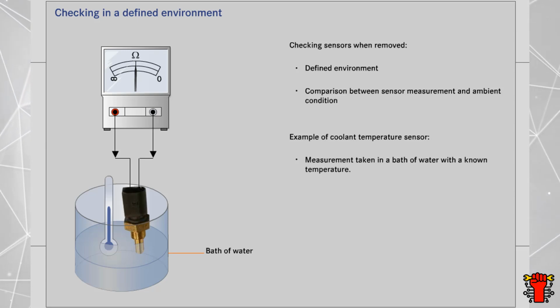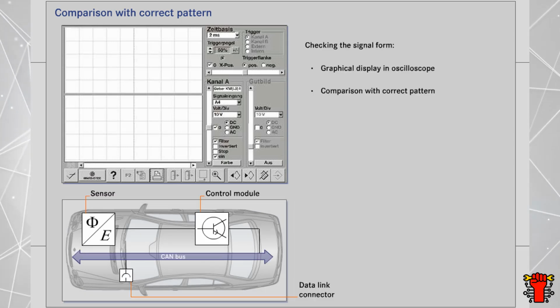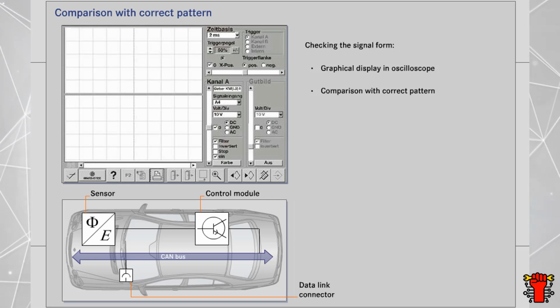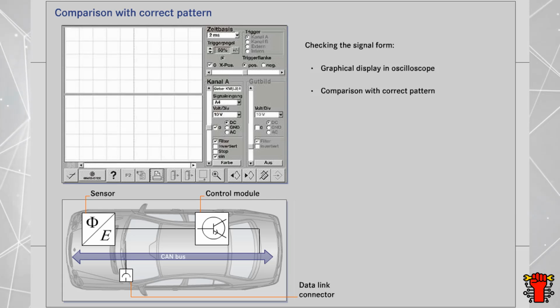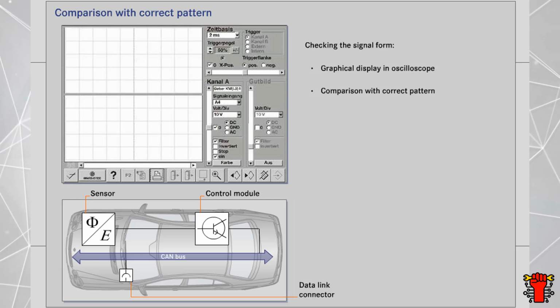With some sensors, it is possible to display the signal curve of sensor signals graphically using an oscilloscope. The result can then be compared with the corresponding correct pattern in Star Diagnosis.